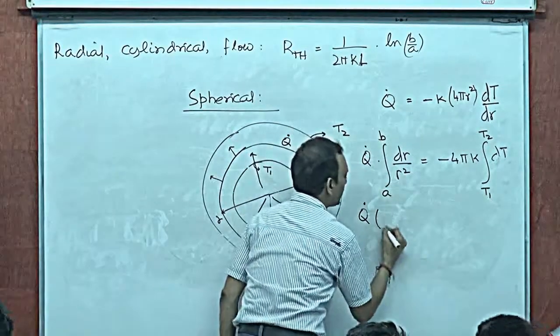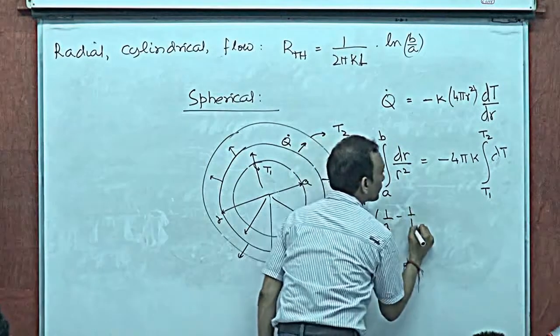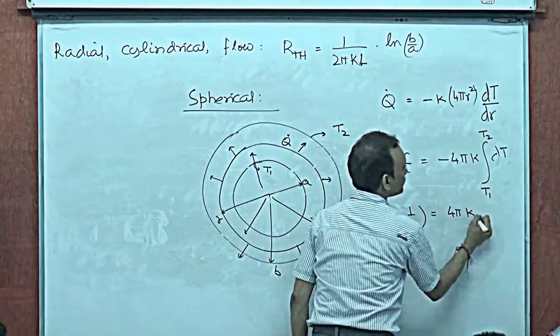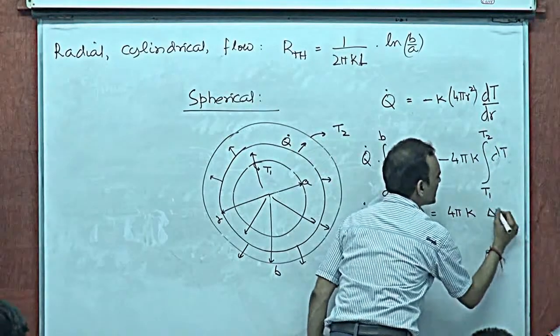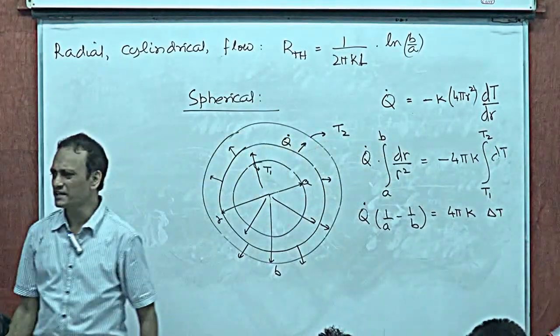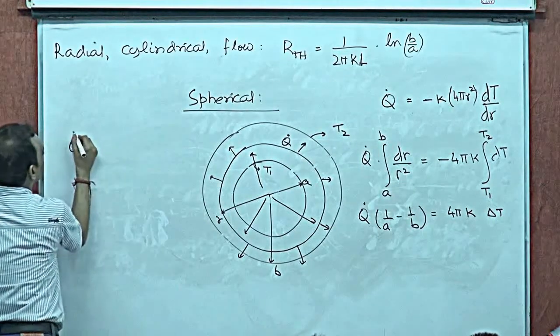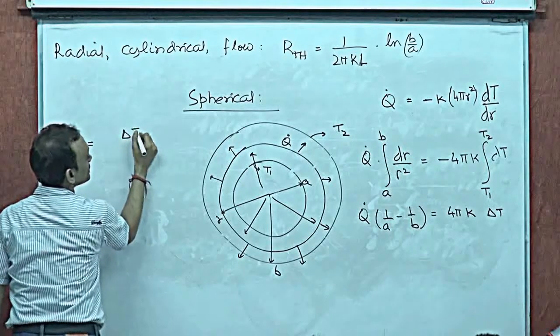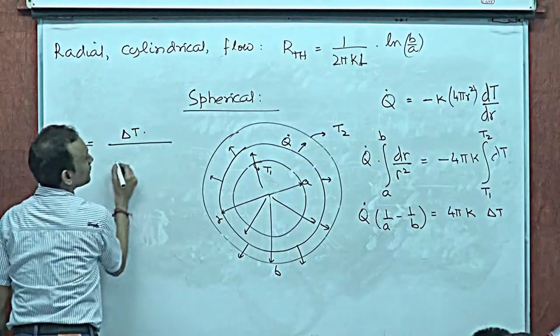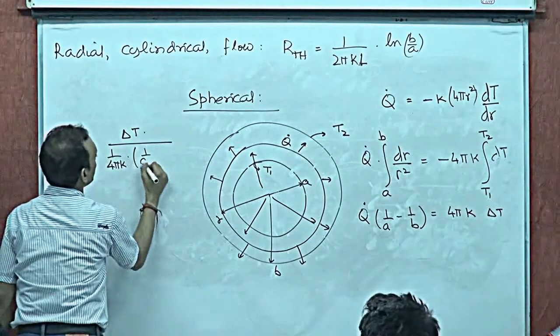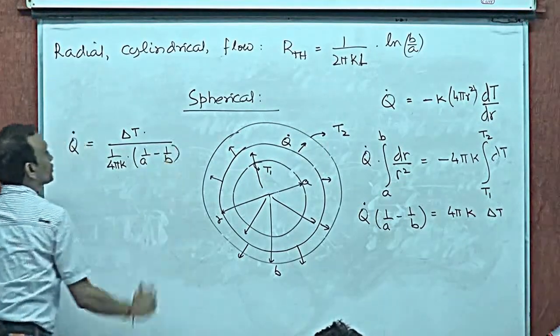So this will give me 1 by A minus 1 by B equals 4 pi K T1 minus T2. So that's delta T. So then I get Q dot, the heat current, as delta T divided by 1 by 4 pi K 1 by A minus 1 by B.